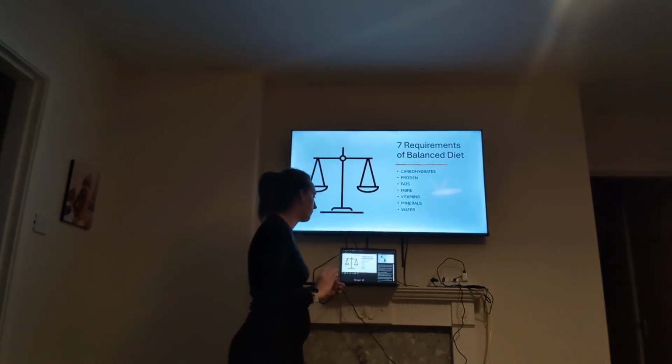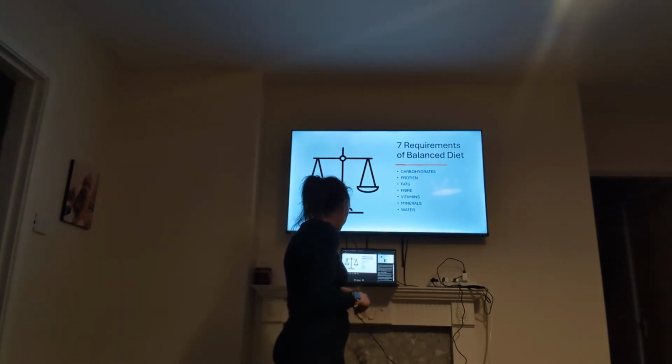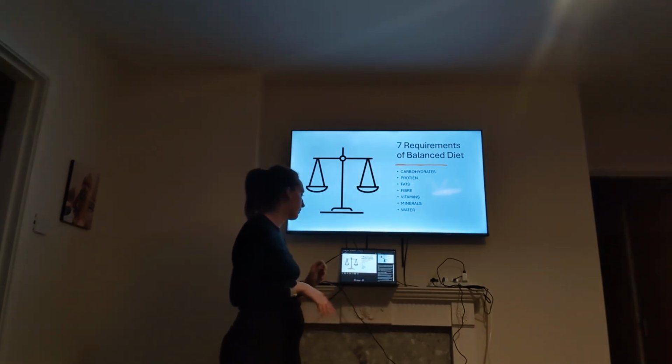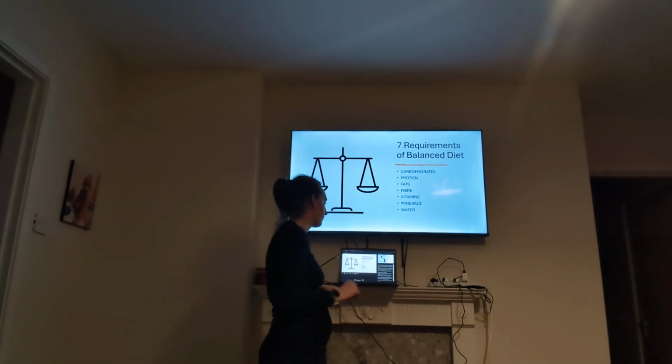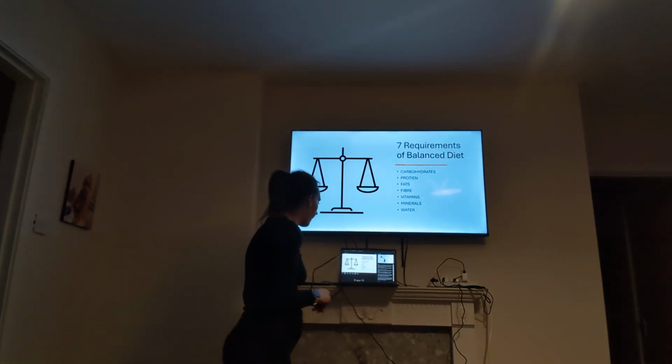Soluble is dissolved in water to become a gel, and it helps lower cholesterol levels, keeping you fuller for longer. Insoluble is removed from the body, but it's good for colon health and prevention of constipation.